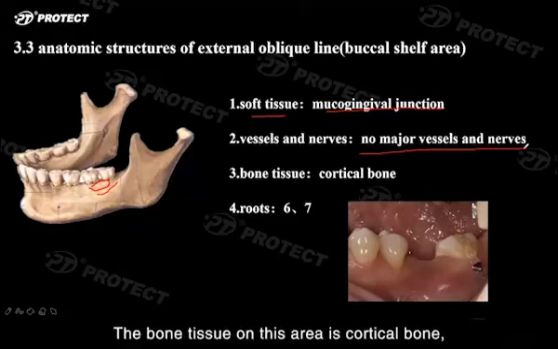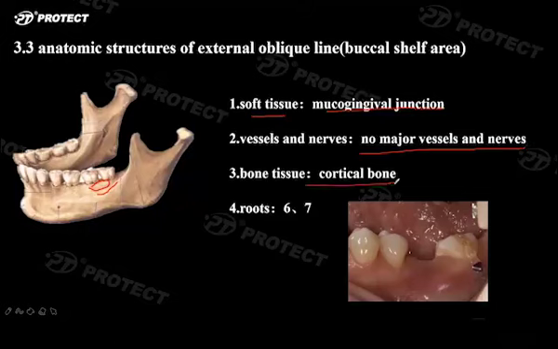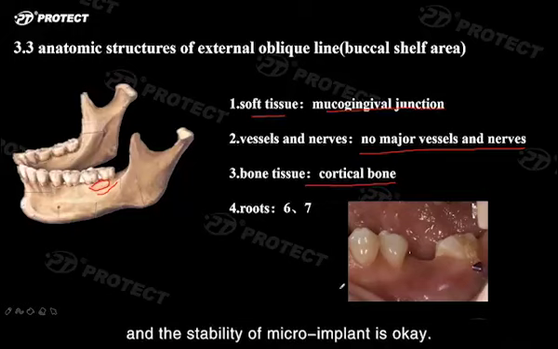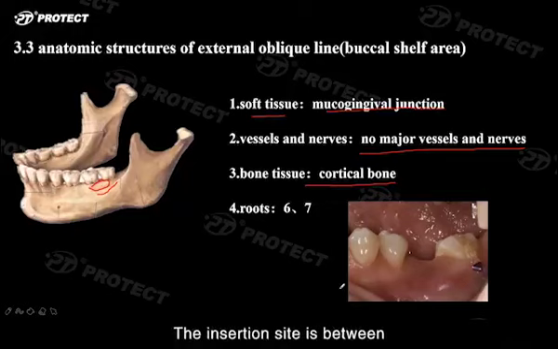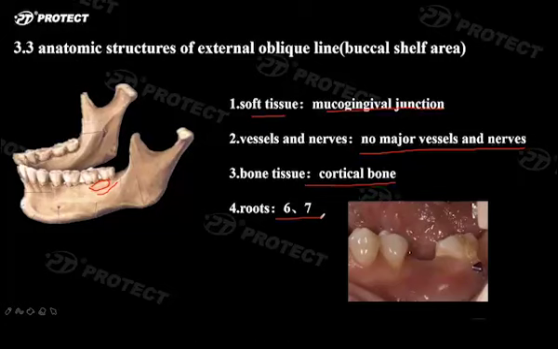The bone tissue in this area is cortical bone, and the stability of the micro-implant is okay. The insertion site is between the first and the second molar, in case of root damage.